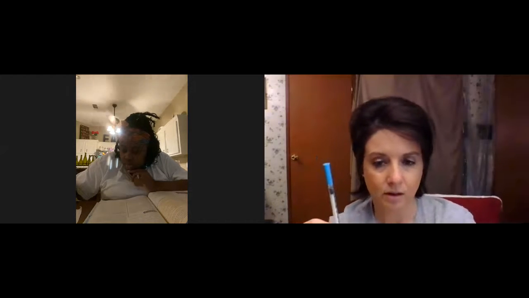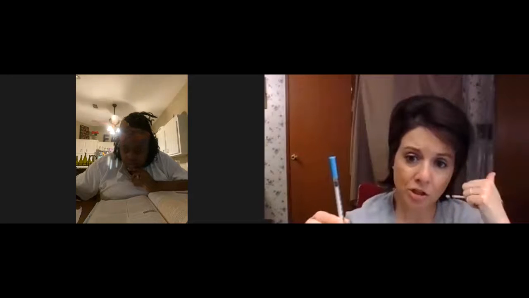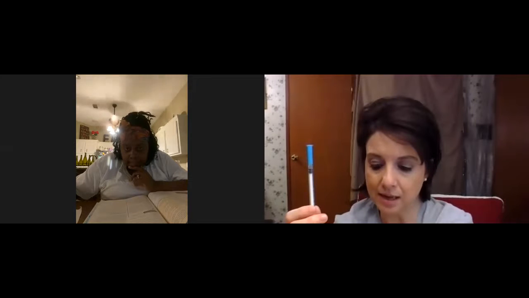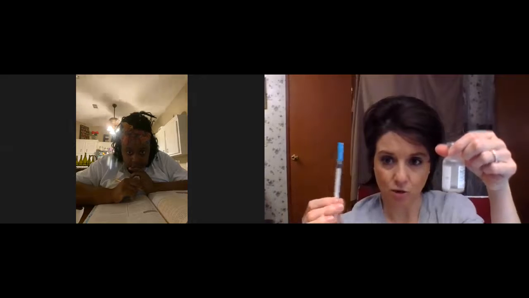So once you have clarified your order and you have your supplies, I have all of my supplies here that I'm going to need to administer a TB injection. I have my patient. I have my medicine that I have pre-drawn.